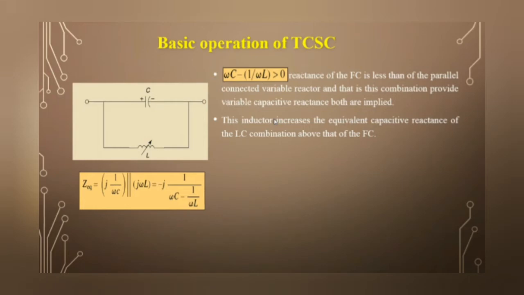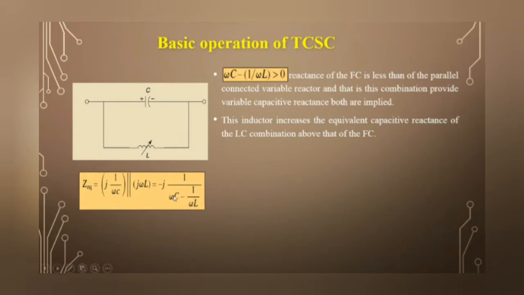The second condition: if omega C minus 1 upon omega L is equal to 0, that means a resonance develops that results in an infinite capacitive impedance. And obviously this condition is not acceptable.